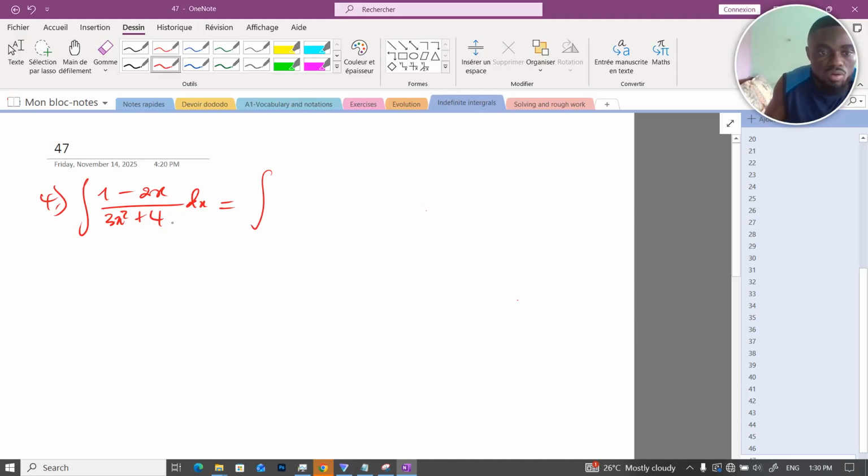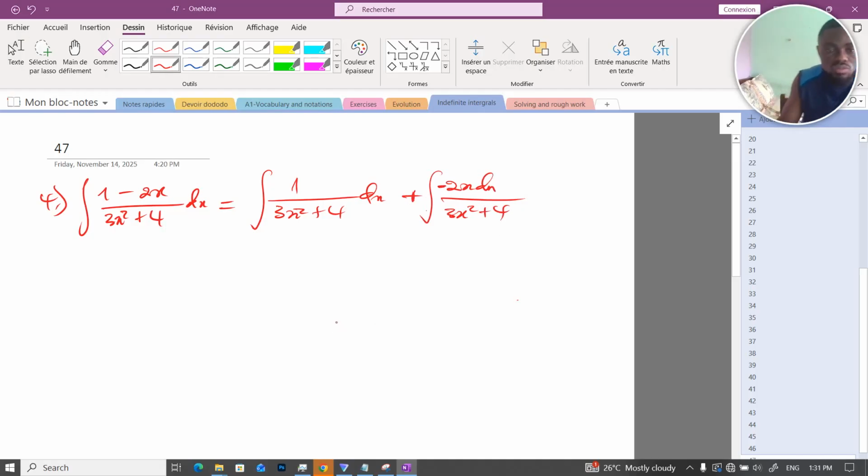This 1 divided by the whole of this 1 all over 3x squared plus 4 dx minus the integral of what? 2x dx all over 3x squared plus 4.